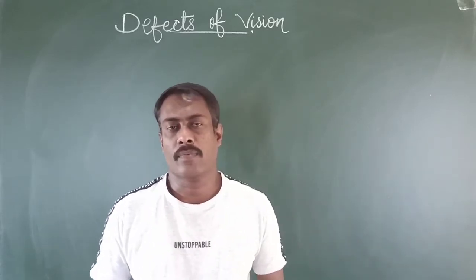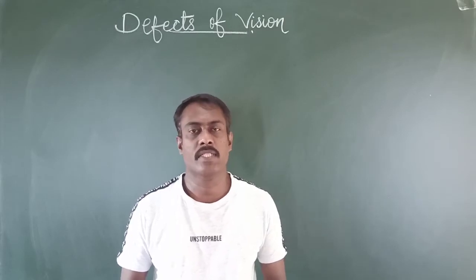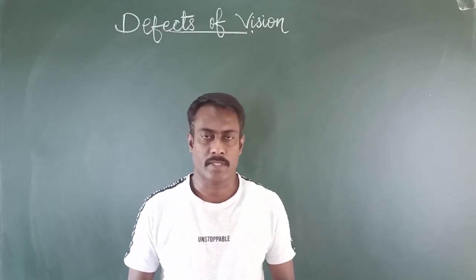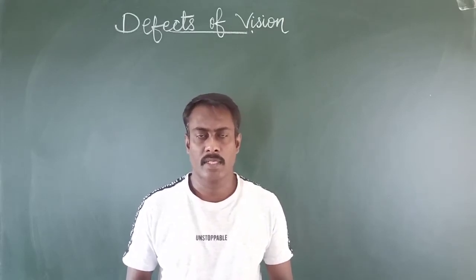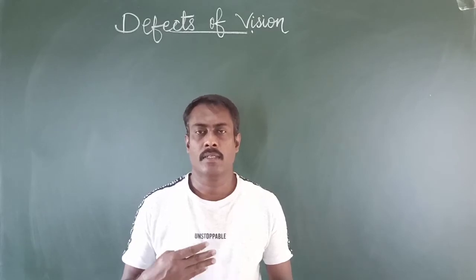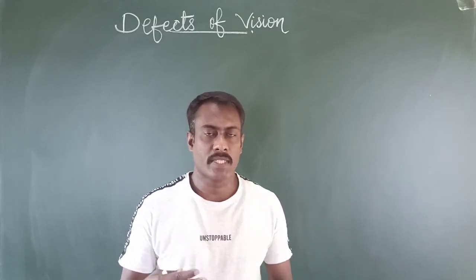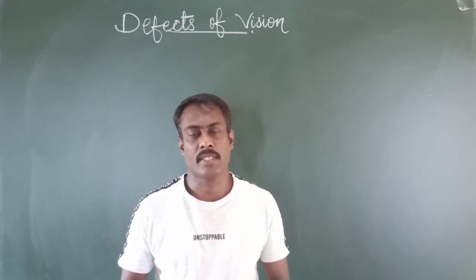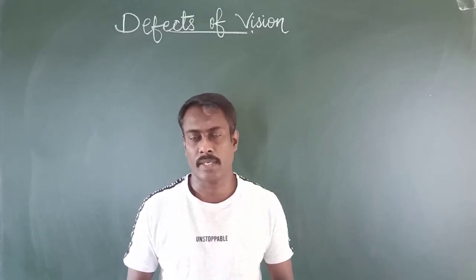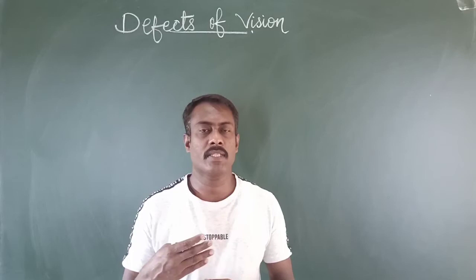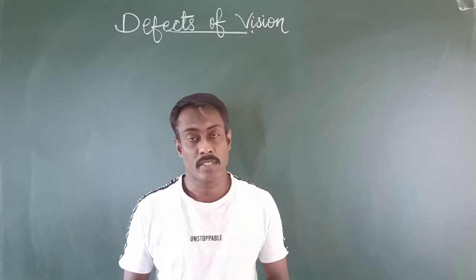The near point of an eye is 25 centimeter from the eye lens. Any object placed at a minimum of 25 centimeter from the eye lens can be seen clearly by a human eye, and anything that comes in between may not be visible clearly.